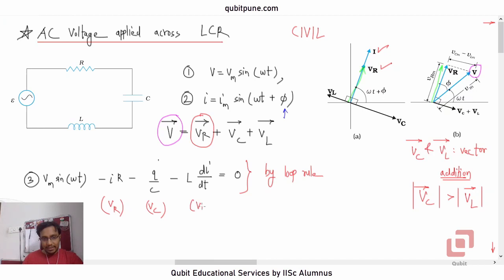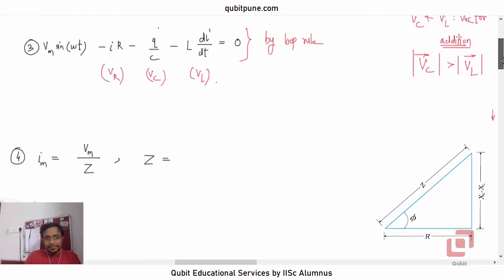So the sum equals 0 by the loop rule. Now by differentiating, or by assuming another angle theta for Q equal to Qm sin omega t plus theta, you can arrive at the expression for theta and phi and so on. I'll not do that here, but I'll just state the important results.